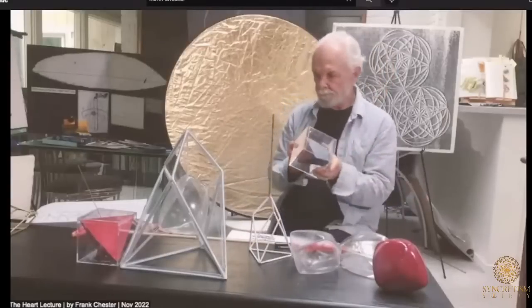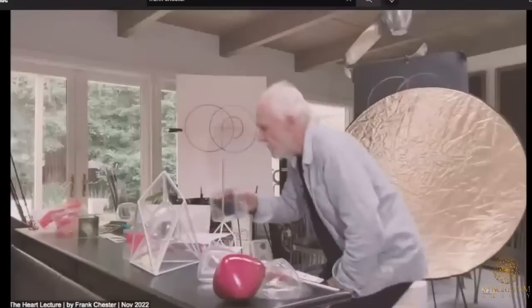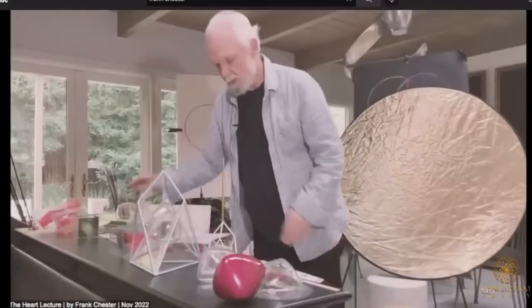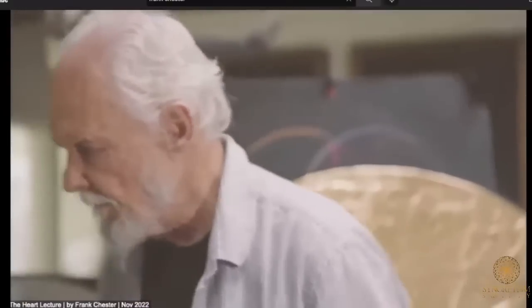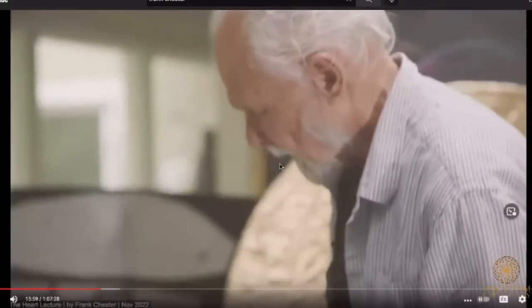All right. So now you know where this came from. See how these opened up when I spun it? A tetrahedron, when it spins, everything is spinning in vortexes. It becomes this shape here.